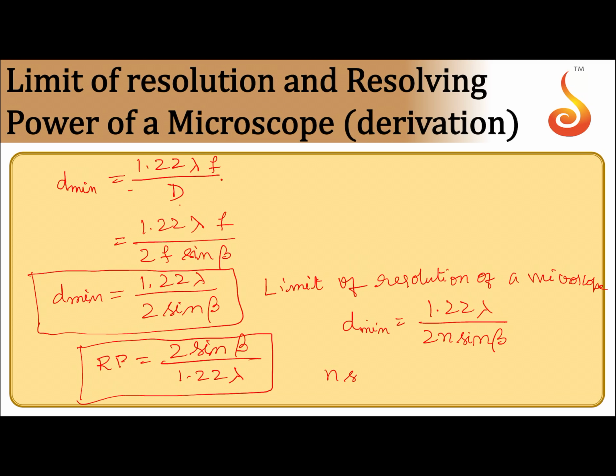Here n sin beta is called the numerical aperture of the microscope. So resolving power will become 2n sin beta by 1.22 lambda. So this is about the derivation.